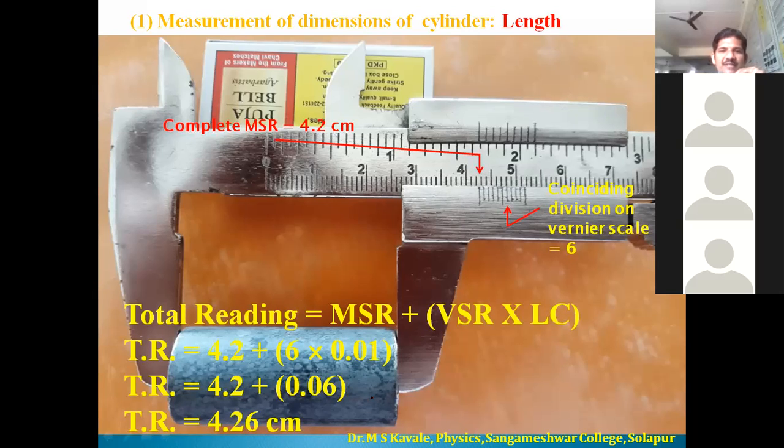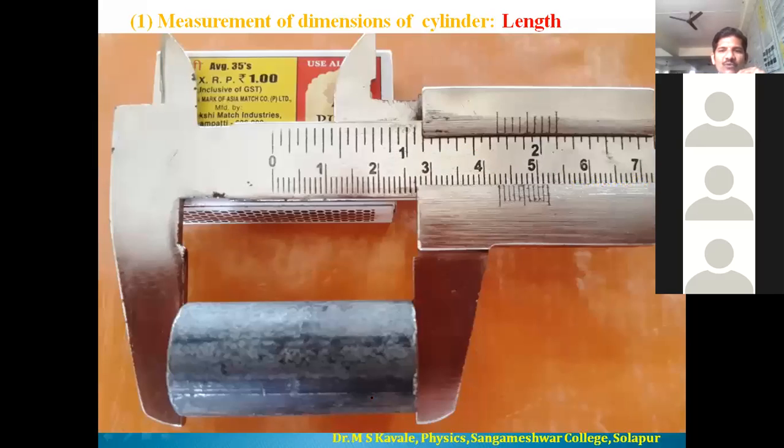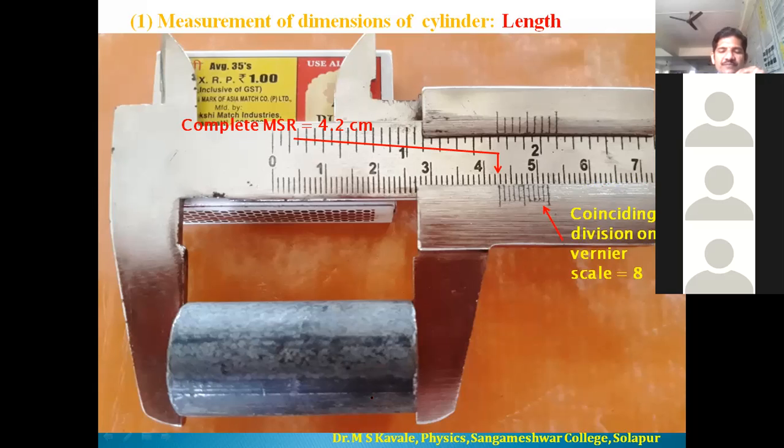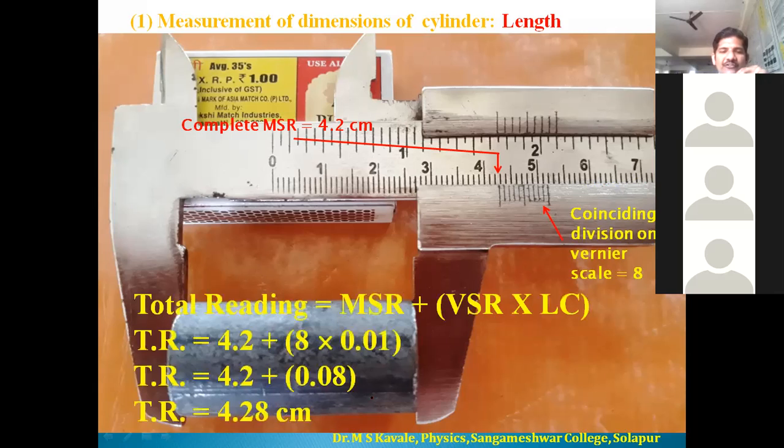Now, once again, we can check the length of cylinder. Again, MSR is 4.2, and now the VSR has changed. That is, coinciding division is 8 now because we have moved the cylinder, and therefore 4.28 is the total reading of length of cylinder.